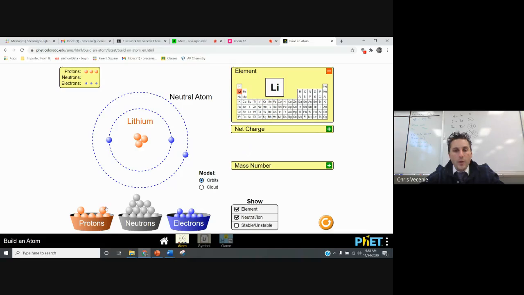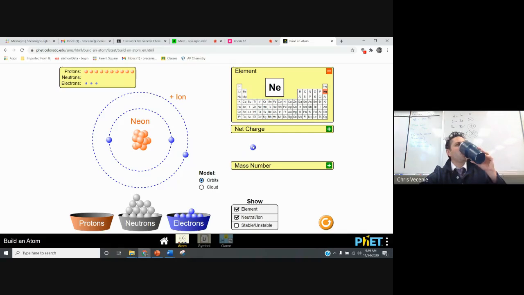As we go across and we work our way to neon, the nucleus all of a sudden looks like this, and he's still trying to attract an electron out here. Jennifer, how many protons are in that nucleus now? Jen, I think your mic's off too.